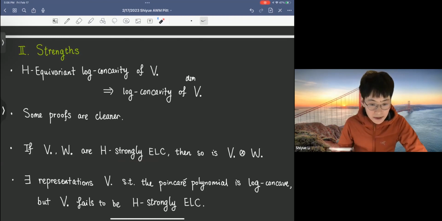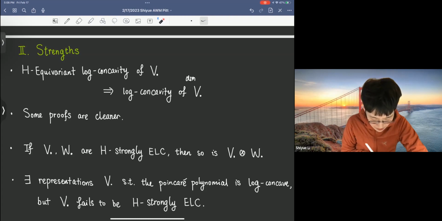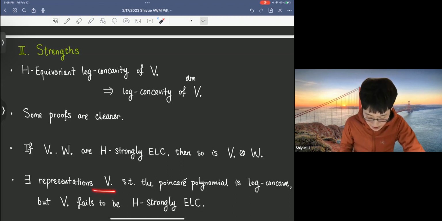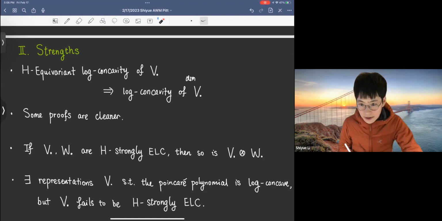You have to think about something called internal zeros. And the fourth thing is that equivariant log concavity is strictly stronger. So there exist representations whose dimension sequence is log concave, but the representation itself fails to be equivariantly log concave.